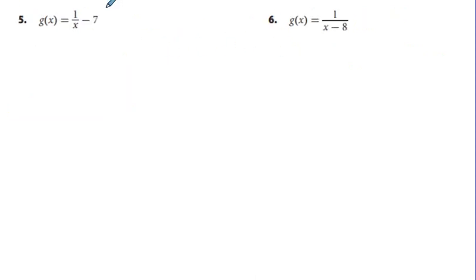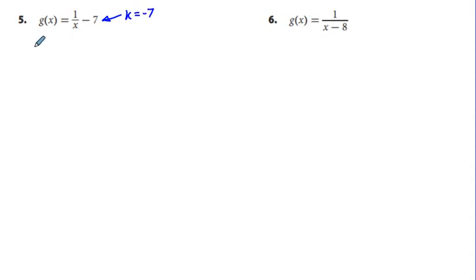Okay, next odd number problem. We have 5. g(x) equals 1 over x minus 7. In this case, as in problem 1, we have k is equal to -7.